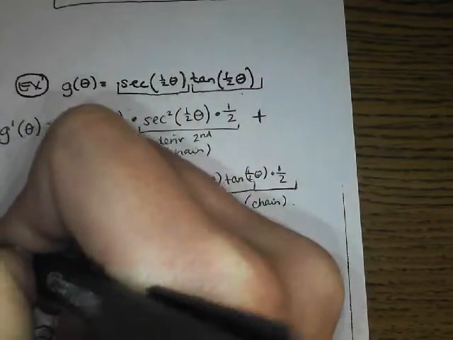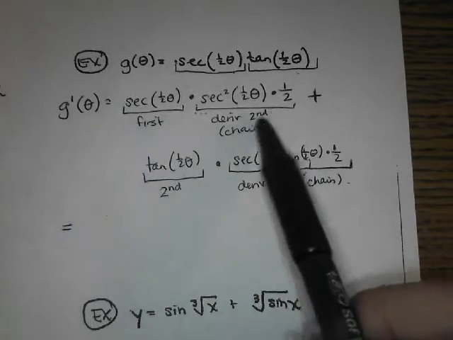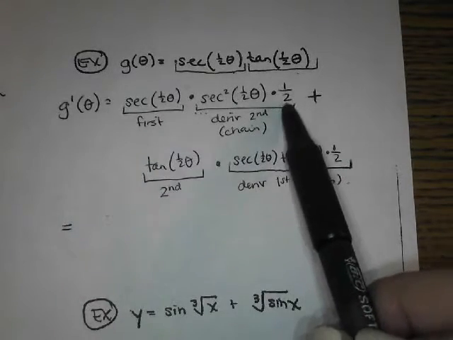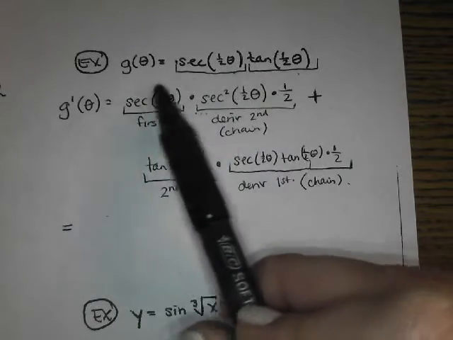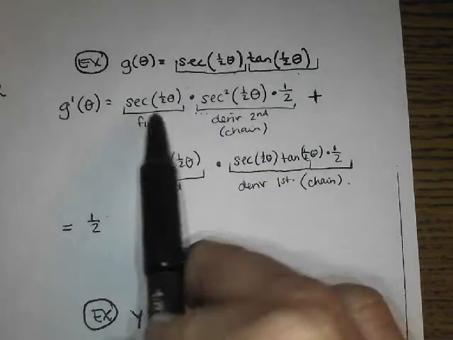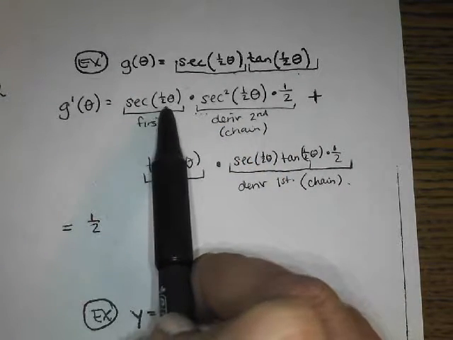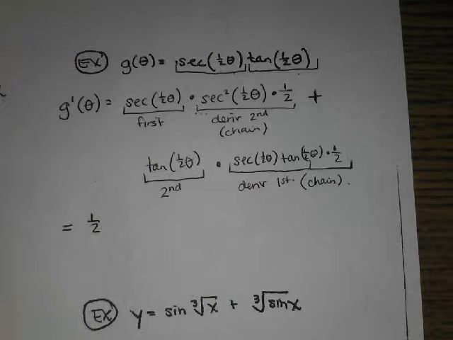Okay, so cleanup. In our first product, what's our coefficient? 1/2. And then what happens when we multiply secant of a half theta times secant squared of a half theta? Very good.